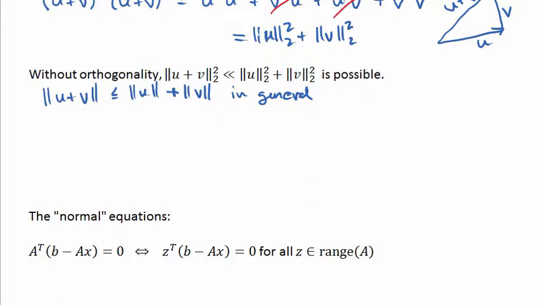A simple picture of that would be if u, let's say, is this vector, and v is a vector which is almost exactly anti-parallel to it. Of course, we could exaggerate this drawing as much as we liked. Then u plus v would just be this little guy here, much smaller in norm than either of the original two vectors.